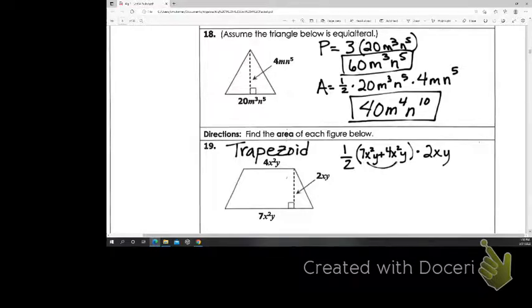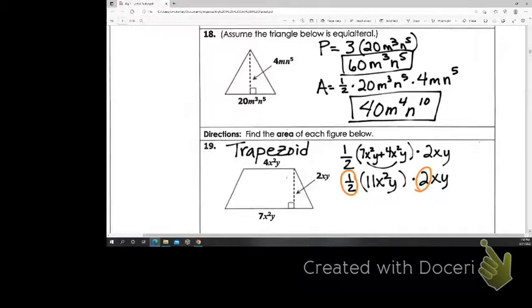When I add these two together, it's 11x squared y. I still have my half. I also have this times 2xy. Guys, I don't want to deal with half of 11. So we can think of, instead, take half of the 2.